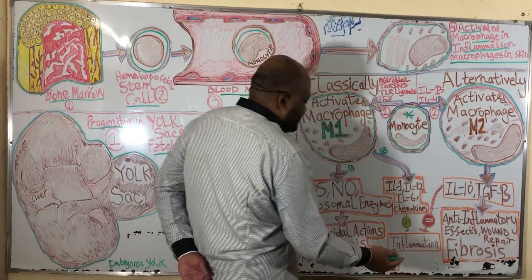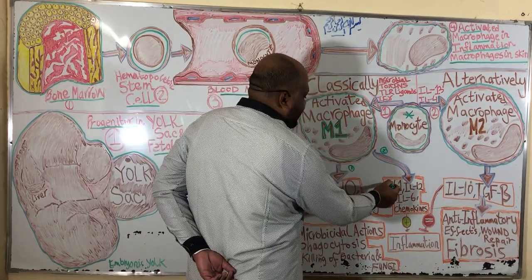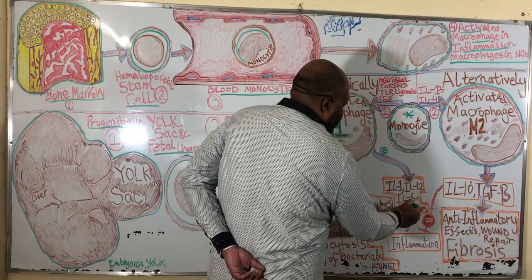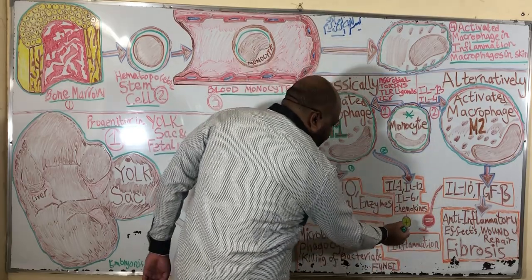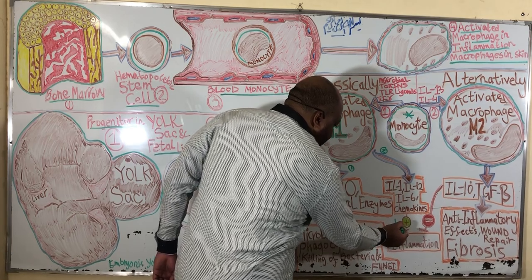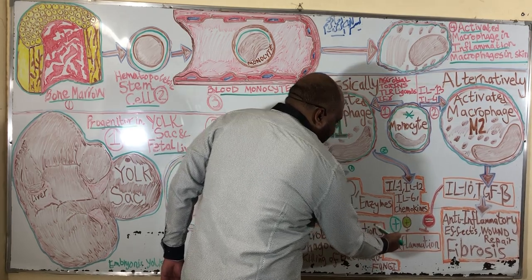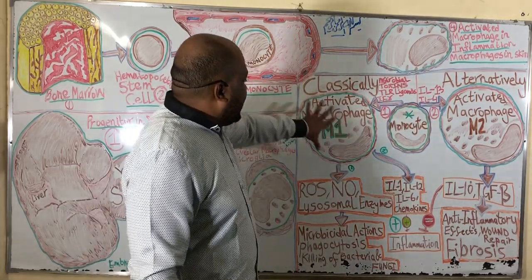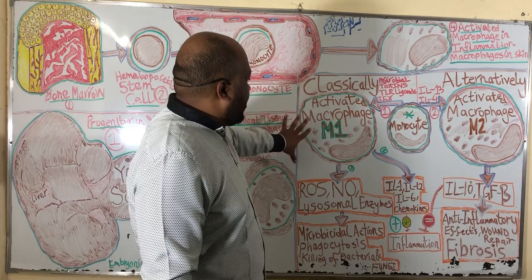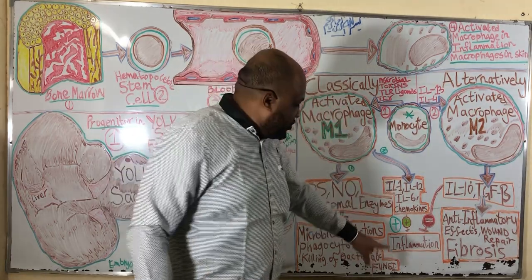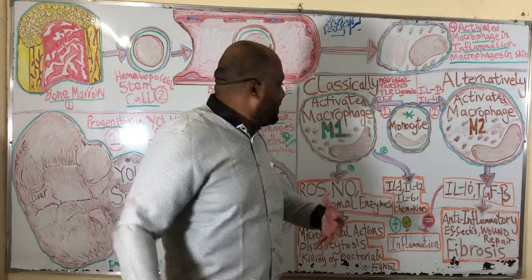And number 2, we would have a release of interleukin 1, interleukin 12, interleukin 6, and chemokines to further promote, you see the positive sign, to further promote inflammation, to recruit more and more macrophages. So the classically activated macrophage pathway, pathway 1, M1, leads to positive inflammation, promotes more inflammation.